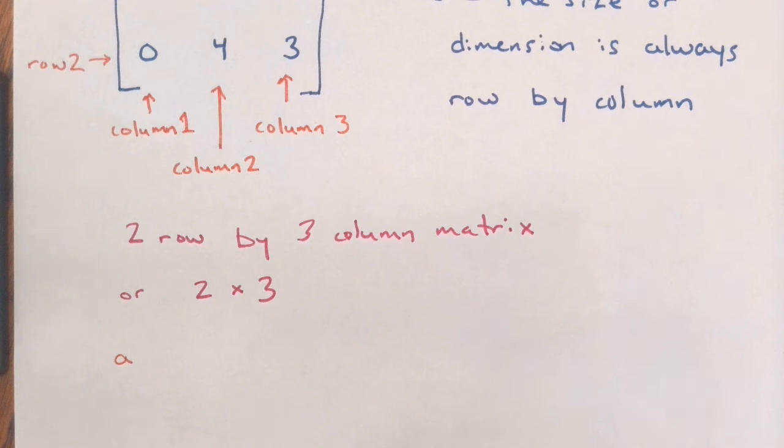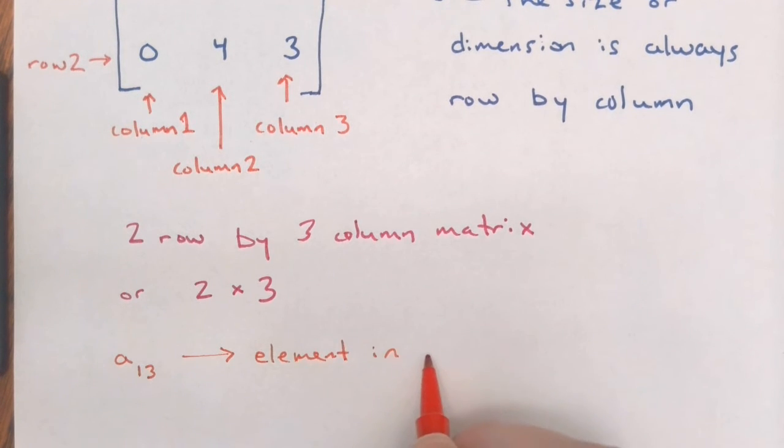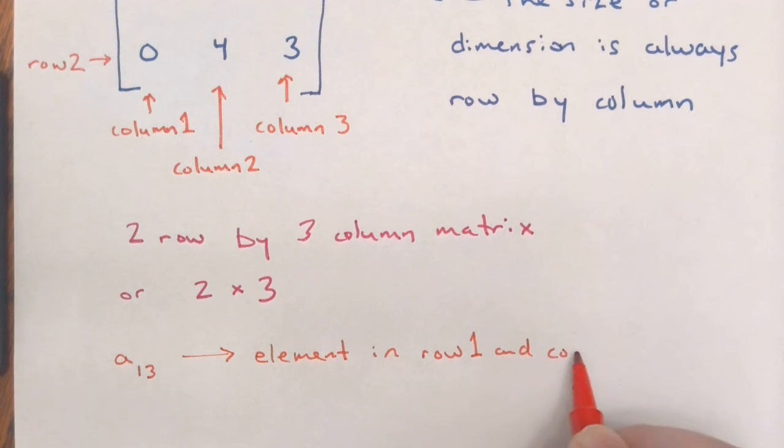So for instance, a with a subscript of 1 and then a 3, that is the element in row number 1 and column number 3.